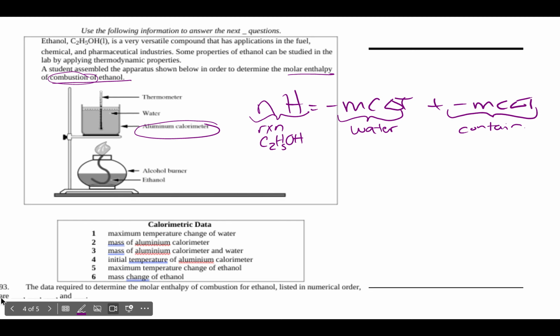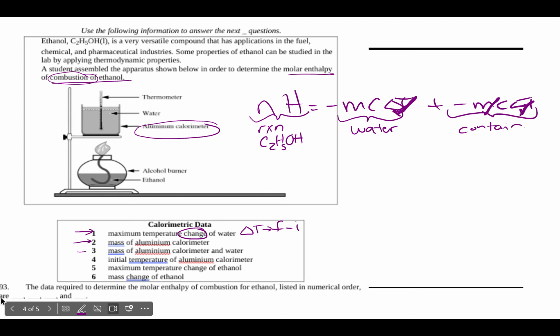Our container is aluminum. So going through this, number one, the maximum temperature change of water. Saying temperature change is implying you have all of delta T, final and initial. So that's good, we have that. And as mentioned, we can say that that is the same as the delta T of the container. Then moving on, the mass of the aluminum container, well, that's perfect because we need that.